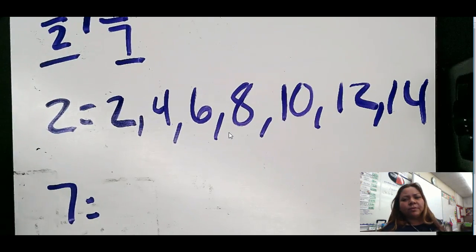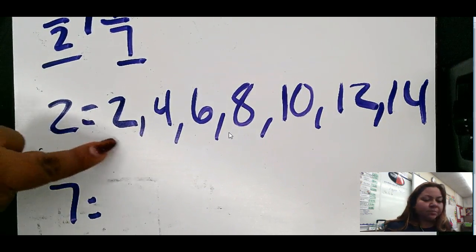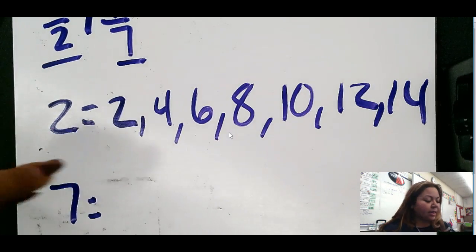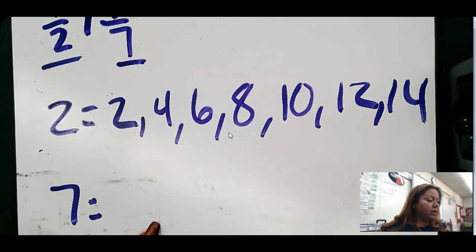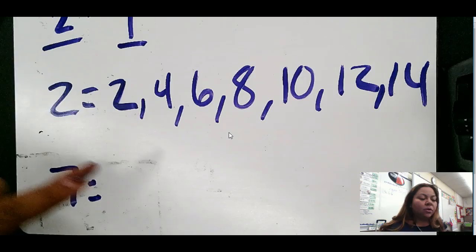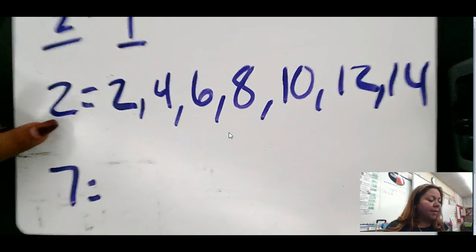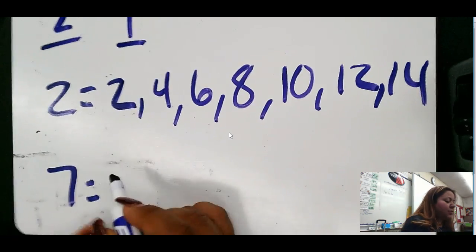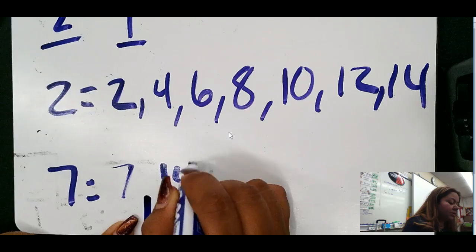Earlier today, one of my students asked, well, when do you stop? Well, you want to start by putting as many as you can, and then once you do the second number, you want to stop where you find a common multiple, meaning a multiple of 7 that will match with a multiple of 2. So I'm going to do 7, 14.